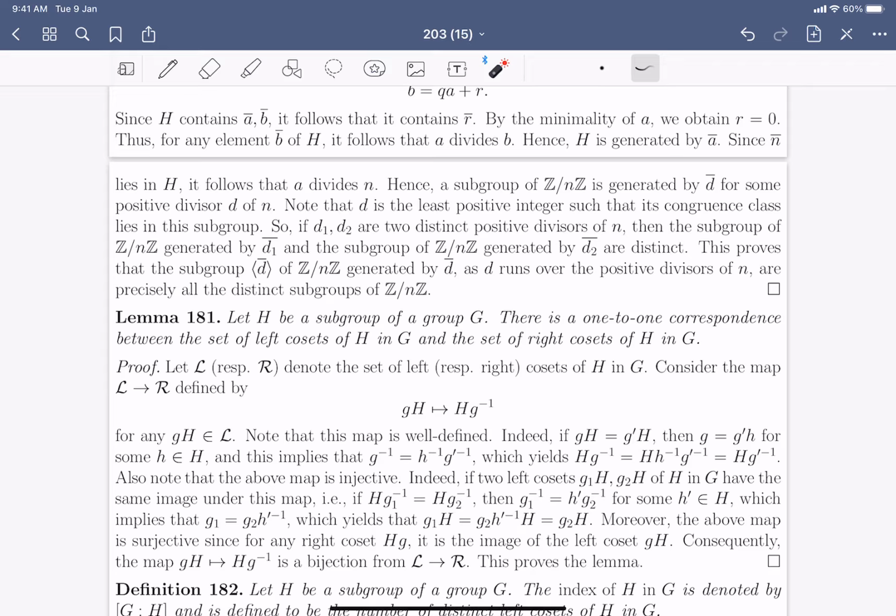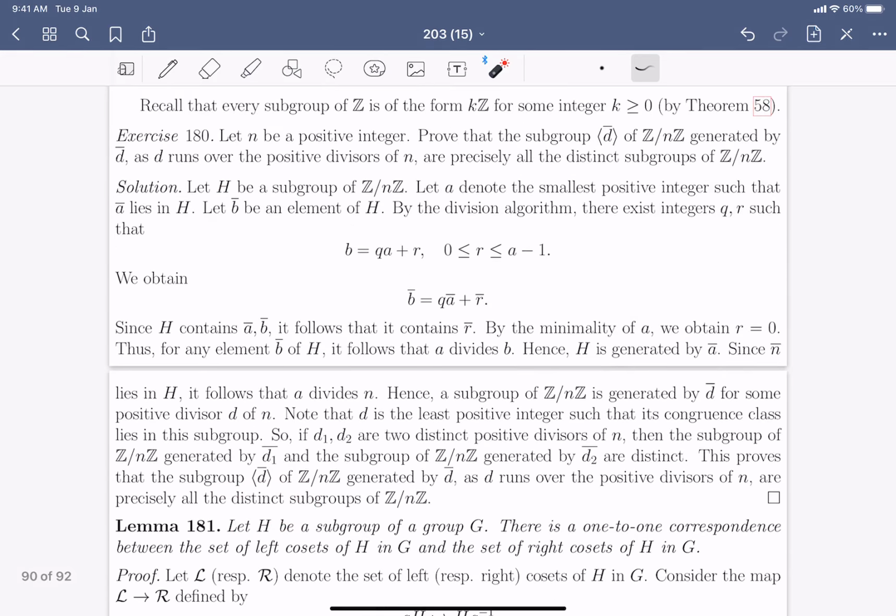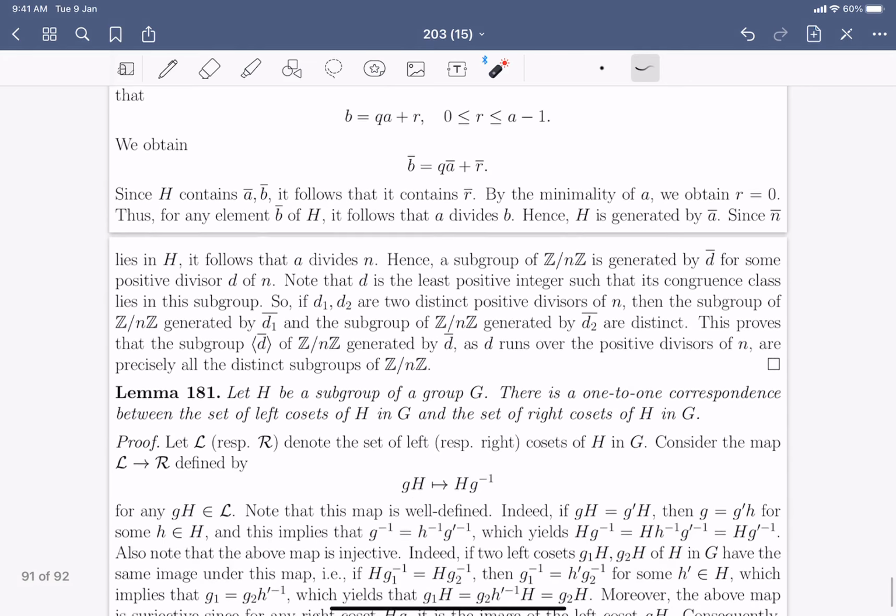So this proves that the subgroups of Z mod nZ generated by d bar, where d runs over the positive divisors of n, are first of all subgroups of Z mod nZ, and that they are the distinct subgroups of Z mod nZ. So we have established this statement.